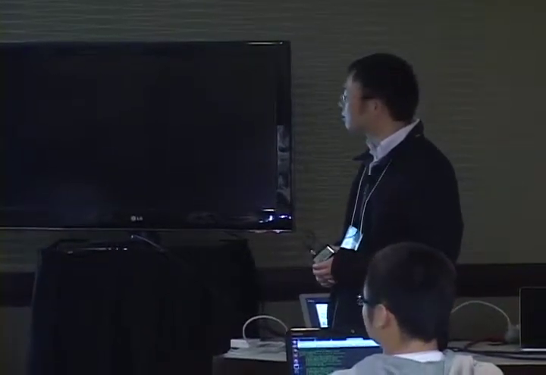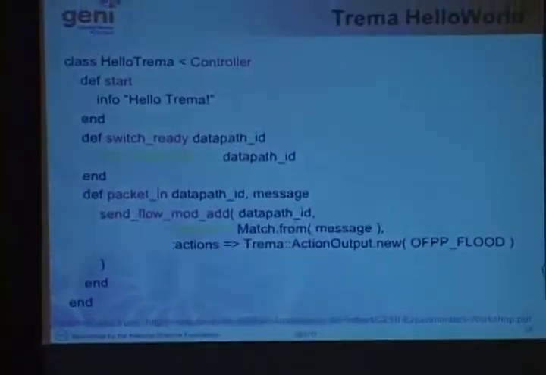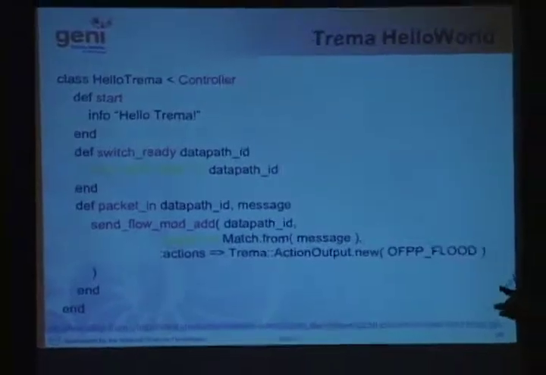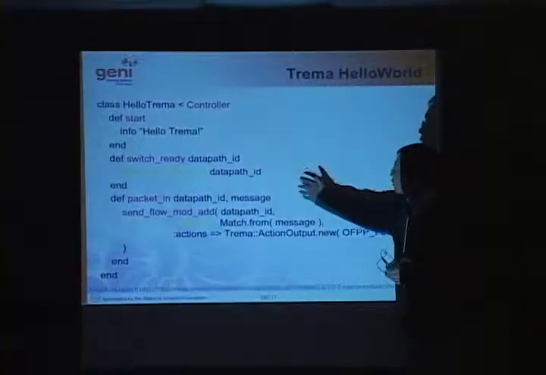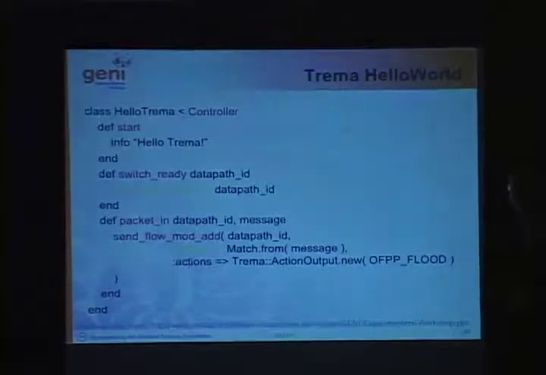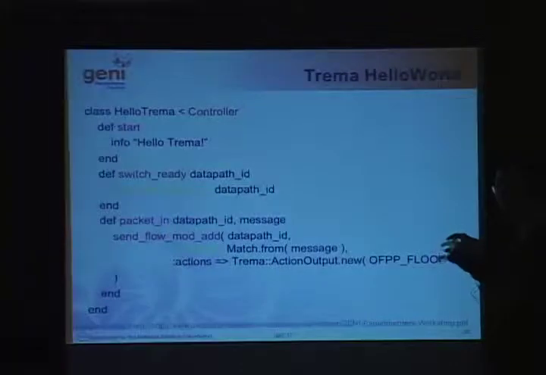Here is a very simple example of an OpenFlow controller. In the start function, when the OpenFlow controller is started, I simply print hello trema. If any OpenFlow switch is connected with my controller, I print something else. By default, any packets that enter the OpenFlow switch will be forwarded to the controller by the switch.